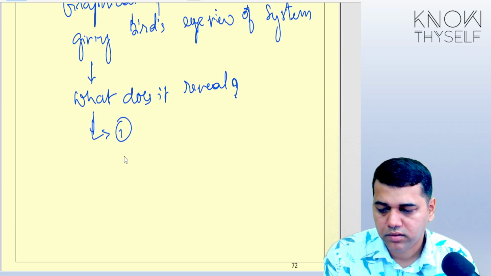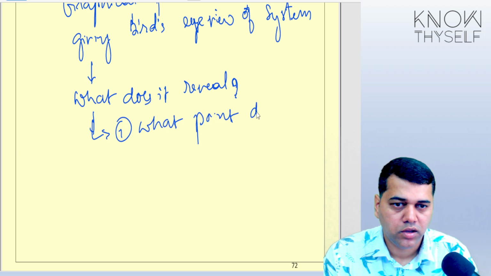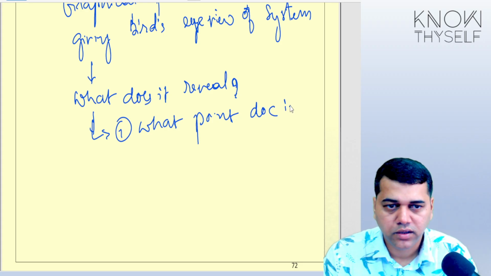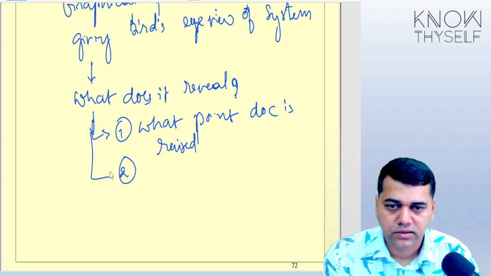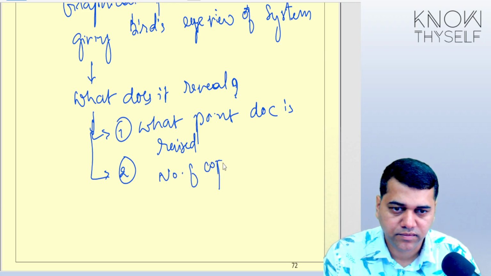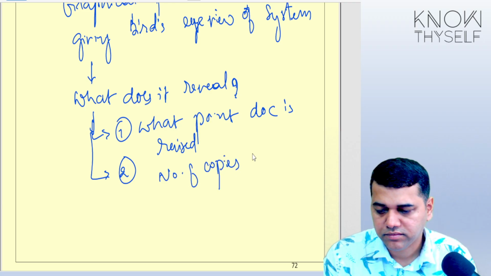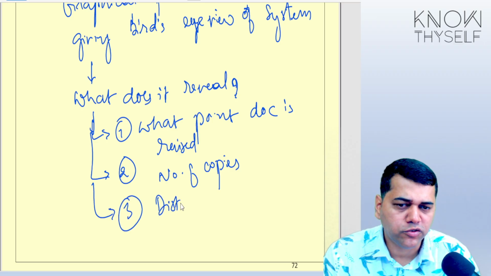One, at what point a document is raised. Second, number of copies of the document. Third, very easy to remember. We will focus only on one thing, distribution of copies.